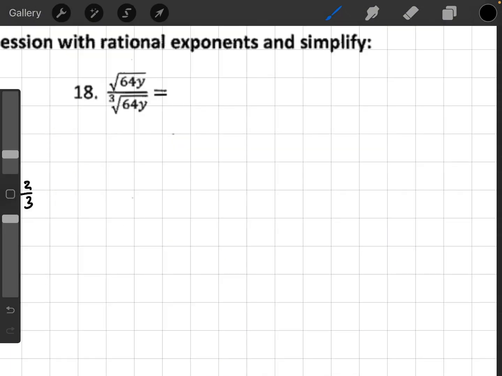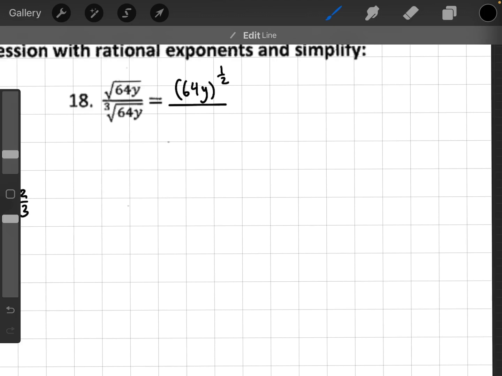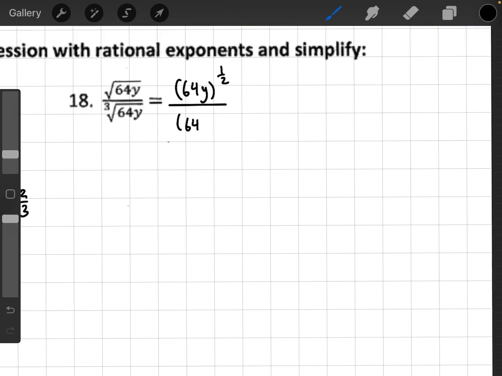For the second example, we're going to change these radical expressions to rational exponents. We'll have 64y, we're raising that to the power of 1/2. And in the denominator, we have 64y raised to the power of 1/3. We'll apply this 1/2 power to both terms, so 64 raised to the power of 1/2 times y raised to the power of 1/2.